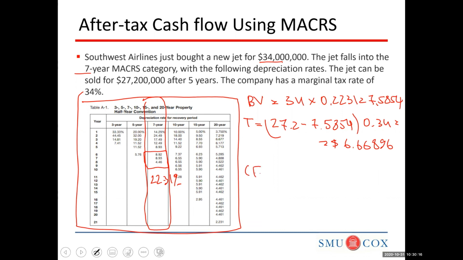So the cash flow would be 27.2 minus 6.66896, and that is roughly 20.53.